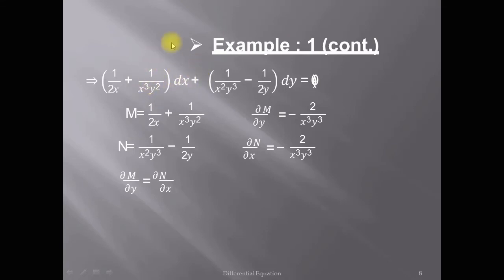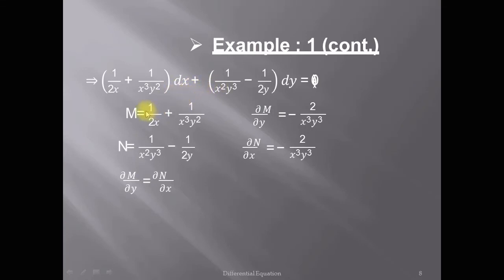In this new differential equation, this is the M function, 1/(2x) + 1/(x³y²), and this is the new N function, 1/(x²y³) − 1/(2y). Again check whether this new differential equation is exact or non-exact.